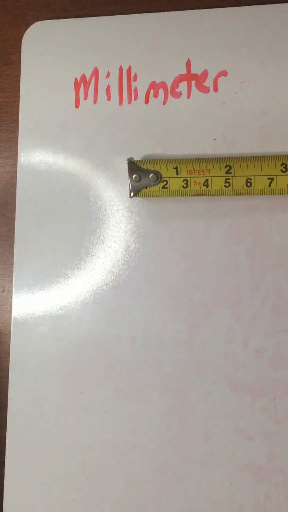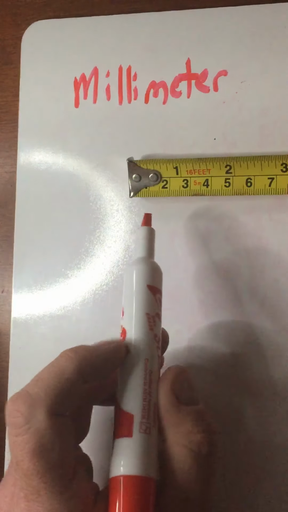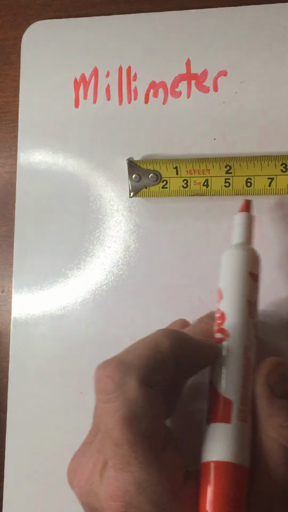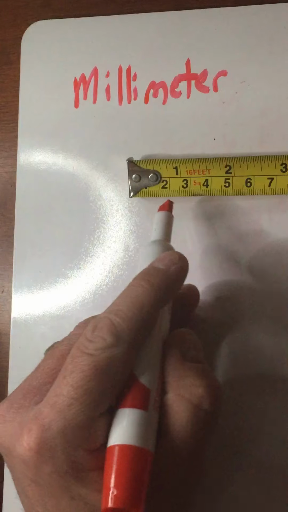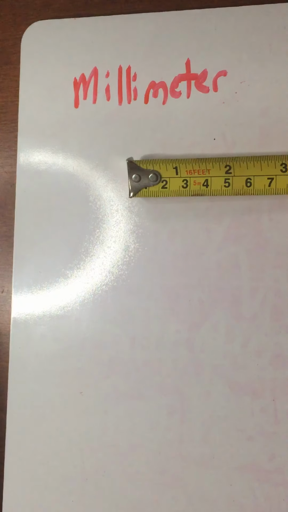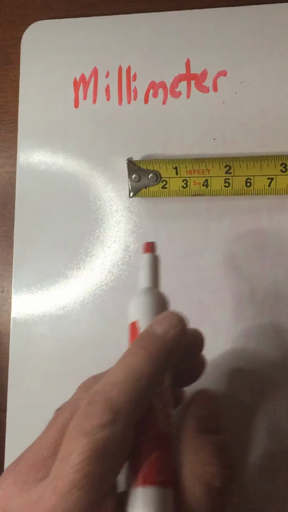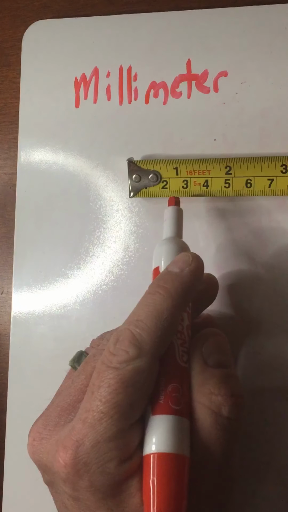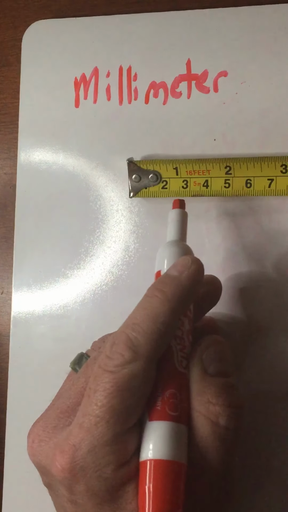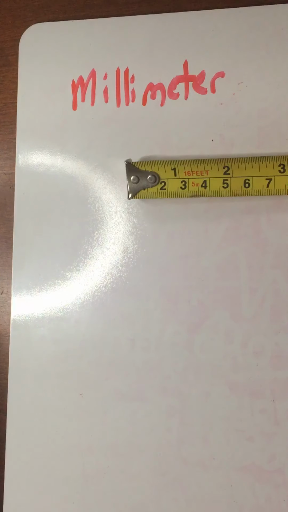We're going to ignore that side of the tape measure, and we're going to look at the centimeter side. Each centimeter gives you a number, but a millimeter is actually smaller than that. If you look between the numbers, you see these tiny itty-bitty little lines. Those itty-bitty little lines are millimeters.